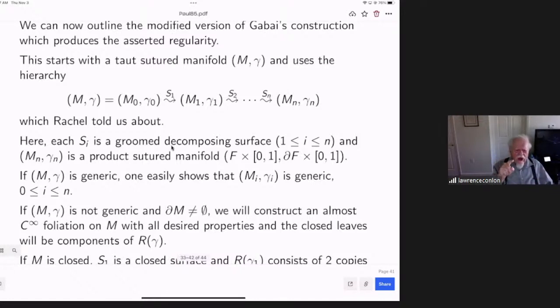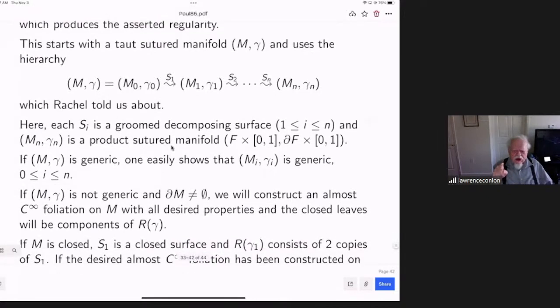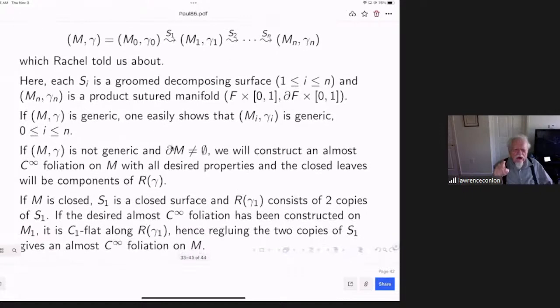Now, if M, gamma is not generic and has non-empty boundary, we're going to construct an almost C infinity foliation on M with all the desired properties, and the closed leaves will be components of R of gamma. If M is closed, then the first decomposing surface is a closed surface, and R of gamma 1 consists of two copies of that surface.